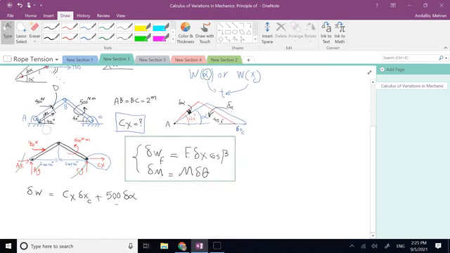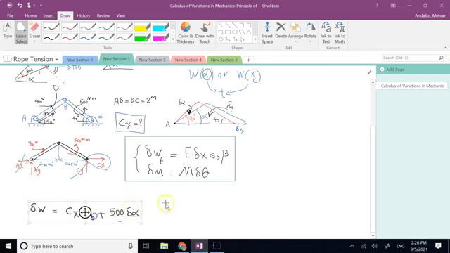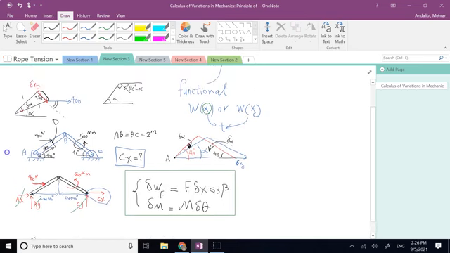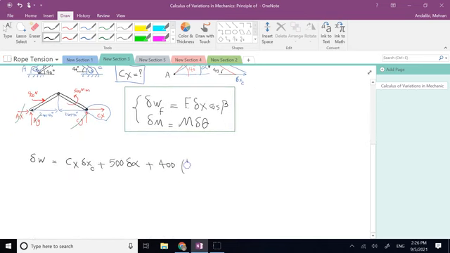So if I want to add the term for the 400 Newton force, what is that going to be? It is going to be plus 400 times the delta displacement of that point, which is 1 times delta alpha, times cosine of 90 degrees minus alpha, which, as you know, is sine of alpha.